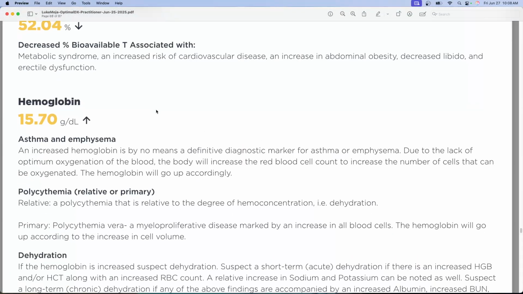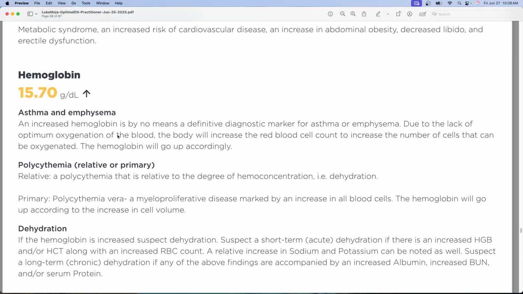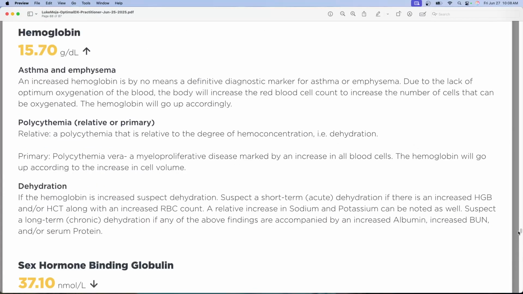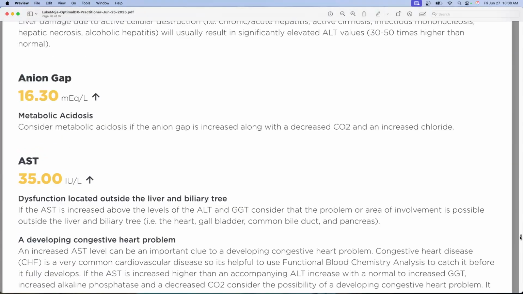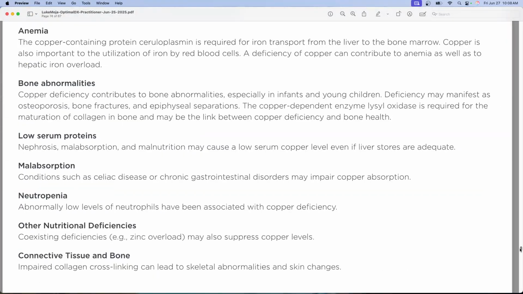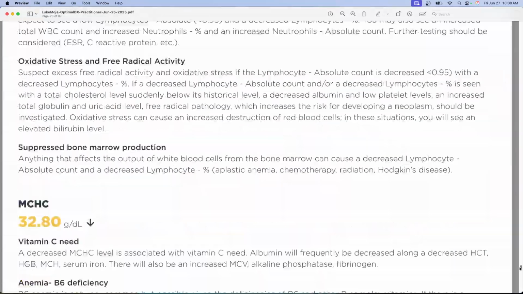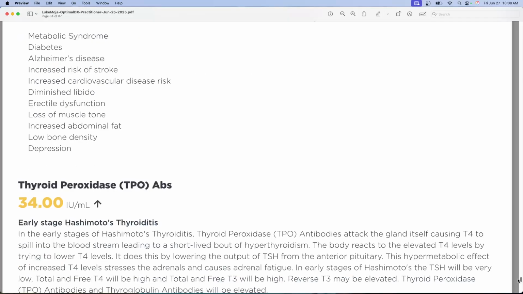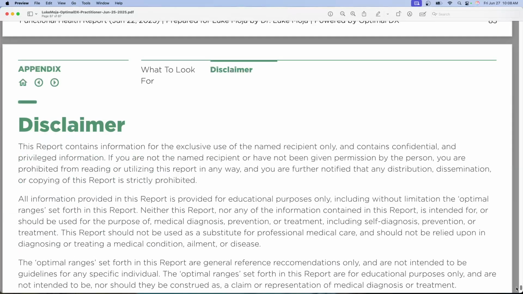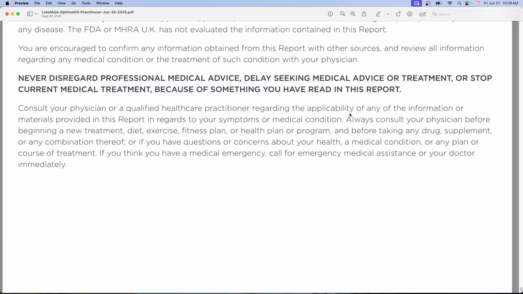So again, this will give you some ideas of potential reasons why some of those numbers are off, possible explanations for the numbers that are out of range. So a lot of information from that. You can see we go all the way down here. Yeah, so a lot to look at here, and then the disclaimers and everything at the bottom. So yeah, very thorough report.